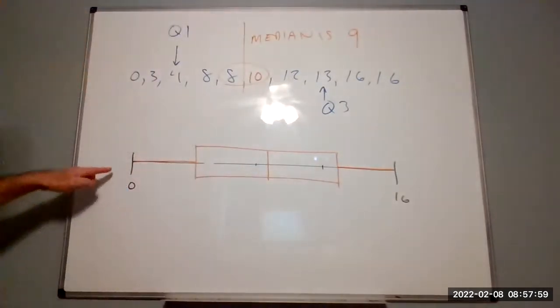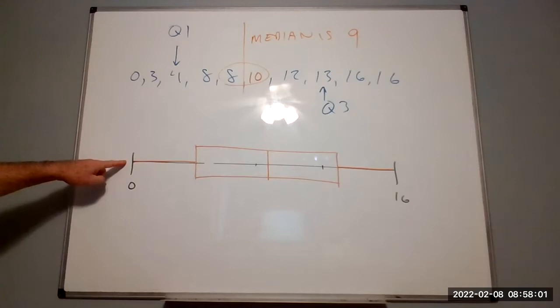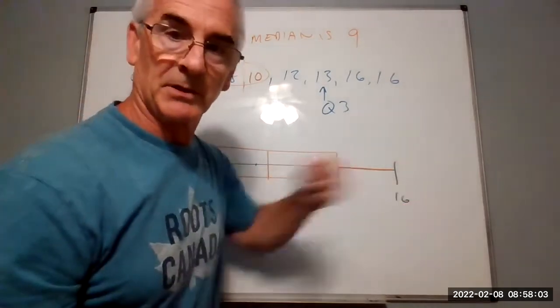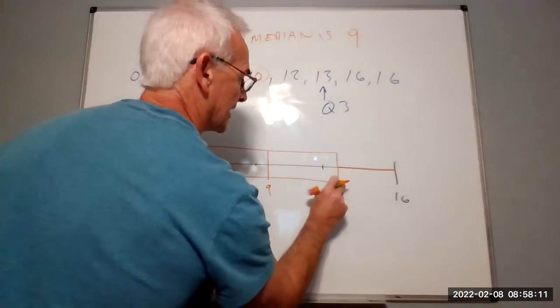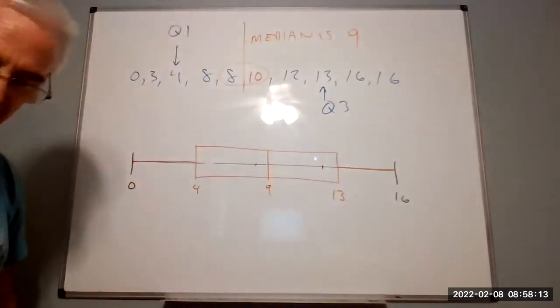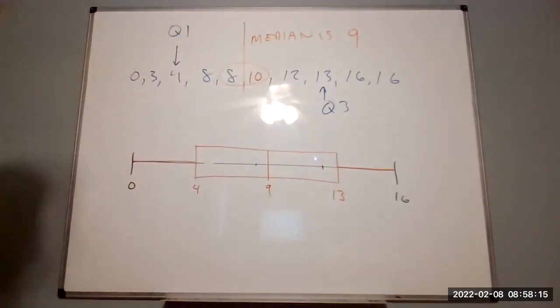Do you agree that my lowest score was a 0 and my highest score was a 16? Everybody agrees with that? My first quartile was a 4, my median was a 9, my third quartile was a 13. I scaled it just to make it easier to interpret.